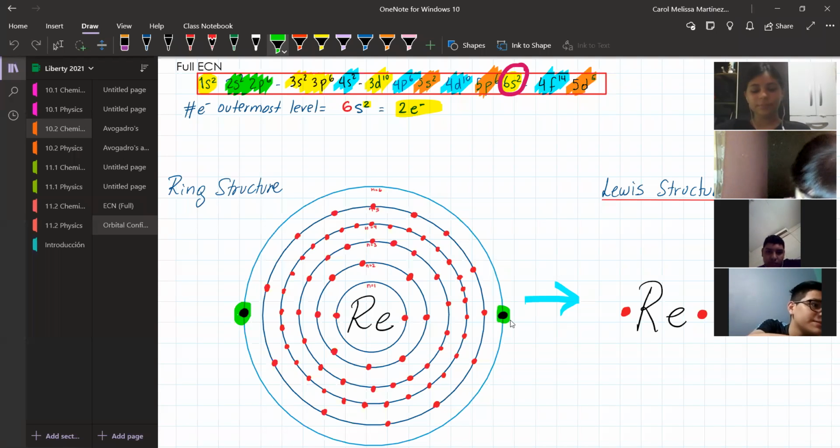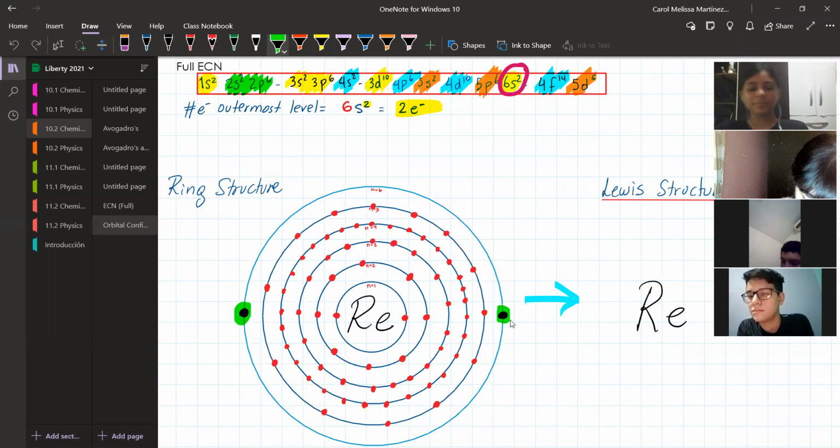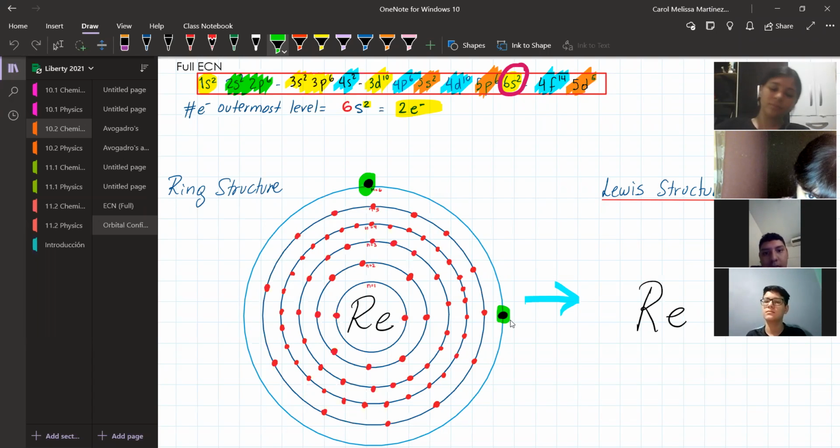Now, a student asked me if there is an order that we have to follow to put the electrons. And actually, there is an order that you should follow. My teacher explained to me that we should always start from the top, and then continue clockwise.